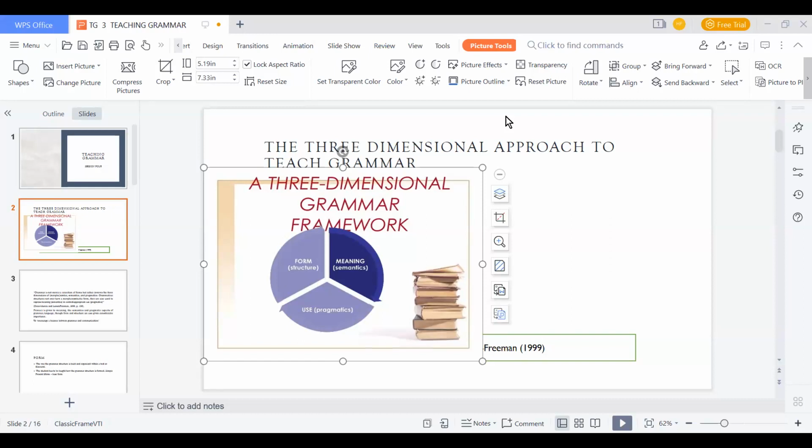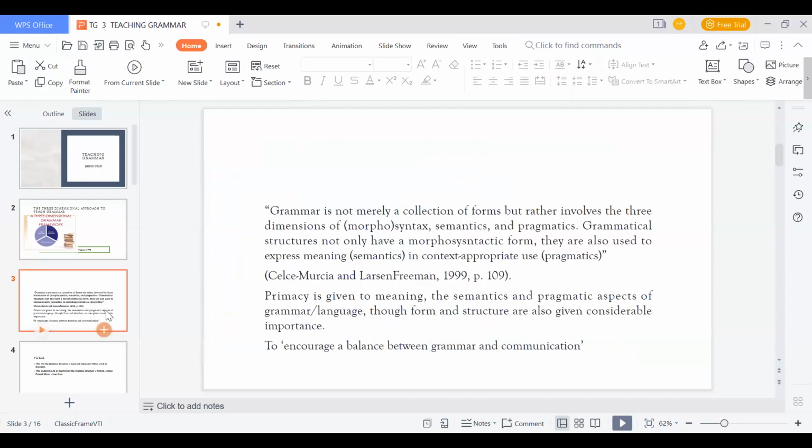Are you okay? Yes, ma'am. Right. Let's see this. Celce-Murcia and Larsen-Freeman: Grammar is not merely a collection of forms. Forms mean structures, but rather involves the three dimensions: syntax, semantics, and pragmatics.